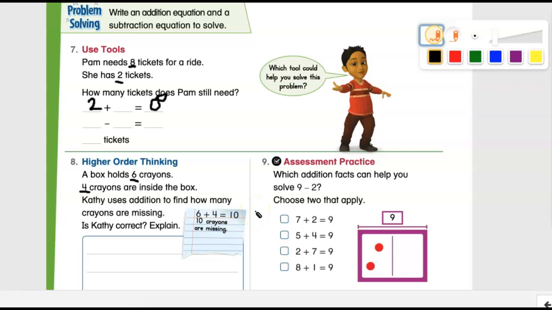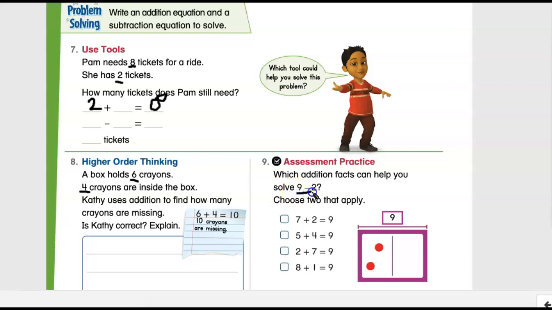And number 9 says, which addition facts can help you solve 9 minus 2? Choose 2 that apply. So that is very important. It wants you to select 2 of these answer choices here.